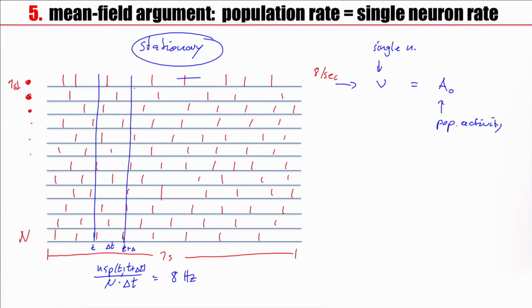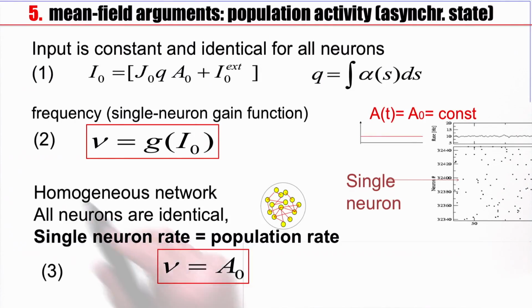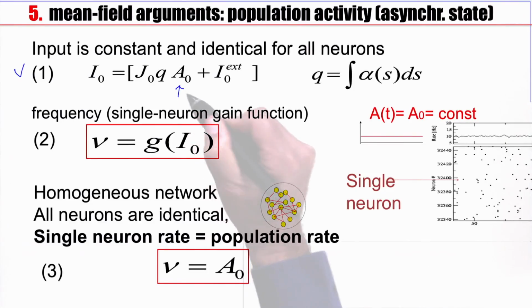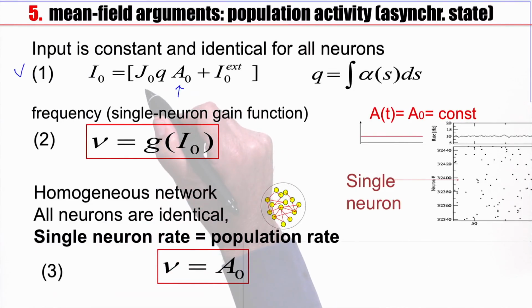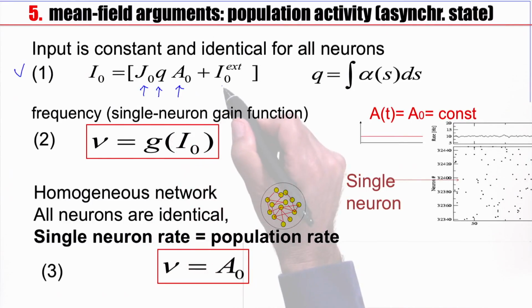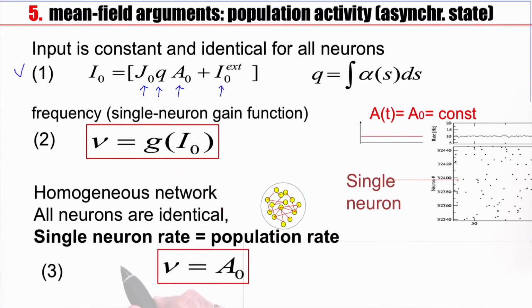Now let's put things together. So we have a first result that says in a stationary state, the input can be calculated from the stationary population activity, connectivity parameters, and some constant, and the external input. Then we have a second result that says the F-I curve or gain function tells me the firing rate for a single neuron for given constant input.